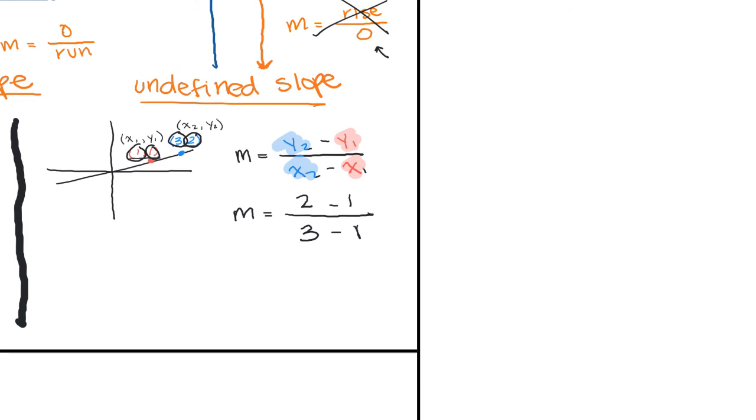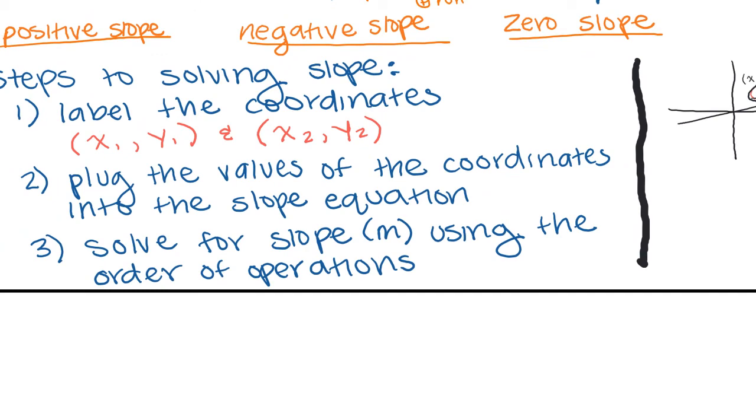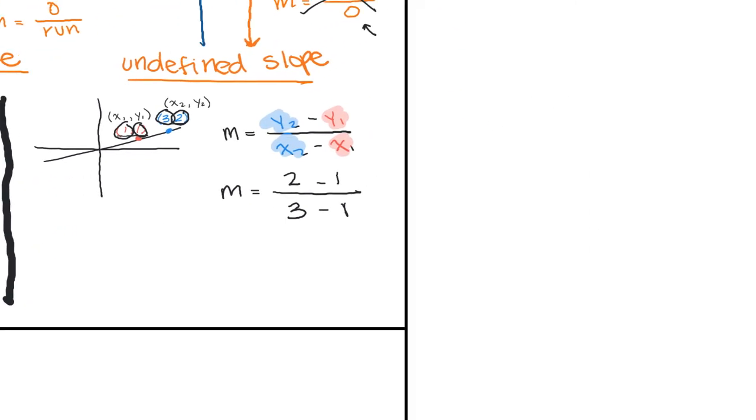If we look at our last and final step, solve for slope using order of operations. Okay, so we've got everything plugged in here. Now remember, when we have 2 or more things in the numerator and 2 or more things in the denominator, we are treating these separately. So I just like to make a mental note. These are separate. You can draw parentheses on them.